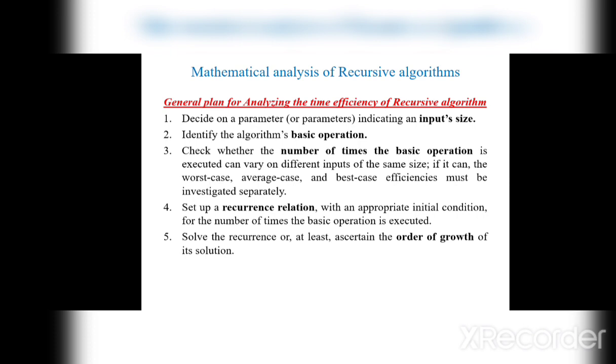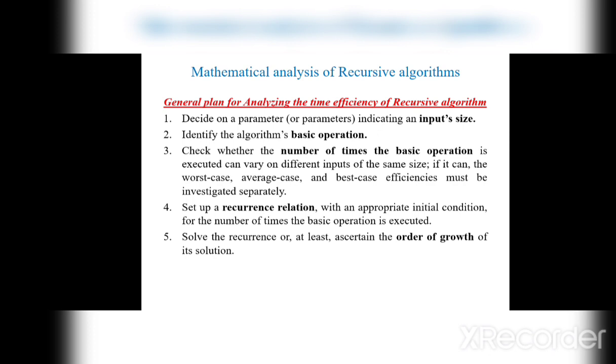So this is the general plan for analyzing the time efficiency of a recursive algorithm. The first step is to decide on the parameter, as in the non-recursive algorithm, so we concentrate on input size. Second, identify the algorithm's basic operation. Third, check whether the number of times the basic operation is executed can vary for different inputs of the same size.